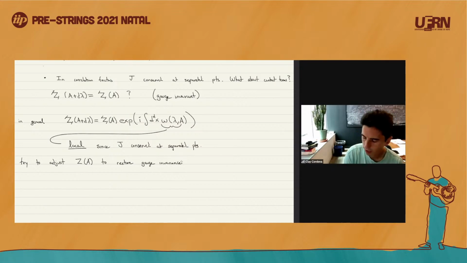What kind of adjustment is allowed? So take Z of A, and we can modify it by including in the action something that modifies correlators at coincident points. So this is a local counterterm.